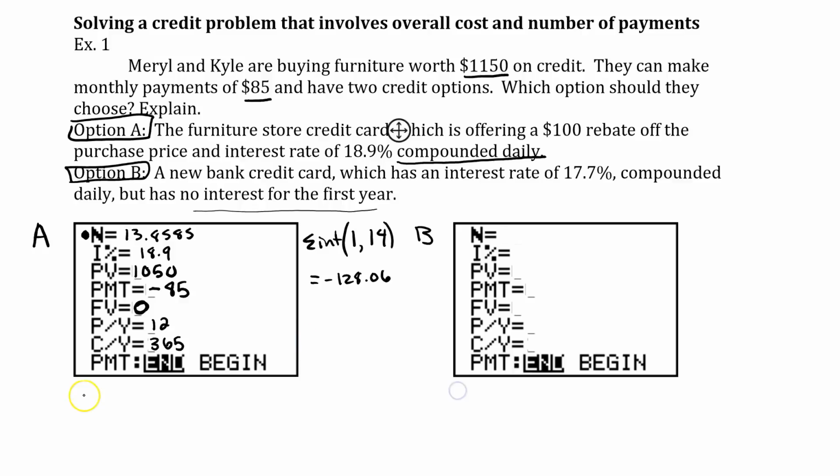So the total for option A with paying is going to be 1,050 plus the interest that we pay, 128.06, for a total of 1,178.06.